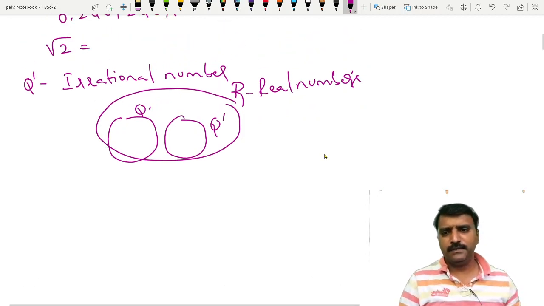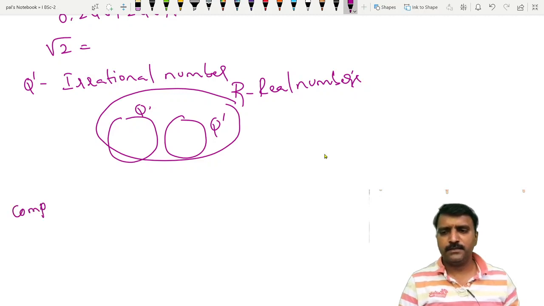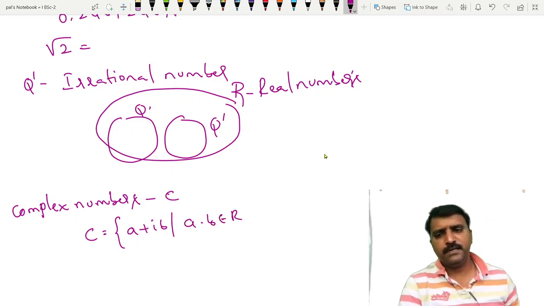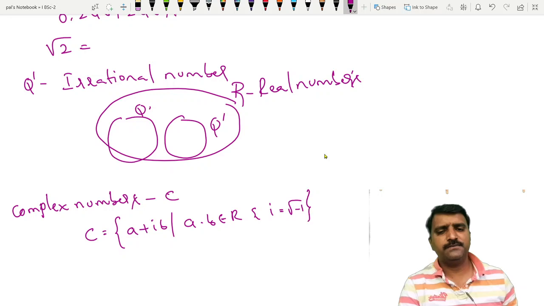Another category is there, that is the set of all complex numbers. We write complex numbers as C. All elements in C are of this form: a plus ib such that a and b are real numbers, and the value of i is square root of -1.